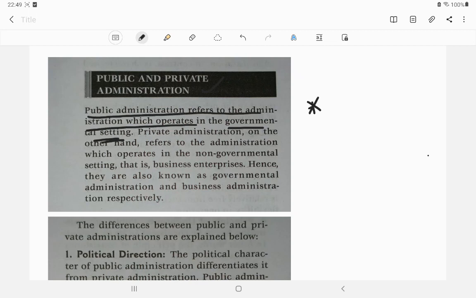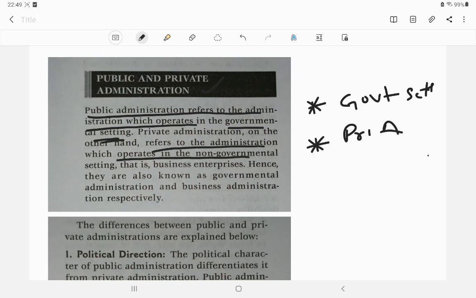That is public administration that works or operates in the government setting as a first thought. Second thought, next thought, private administration refers to administration in non-governmental or business, that is business enterprises. So this is the answer for 2 marks.